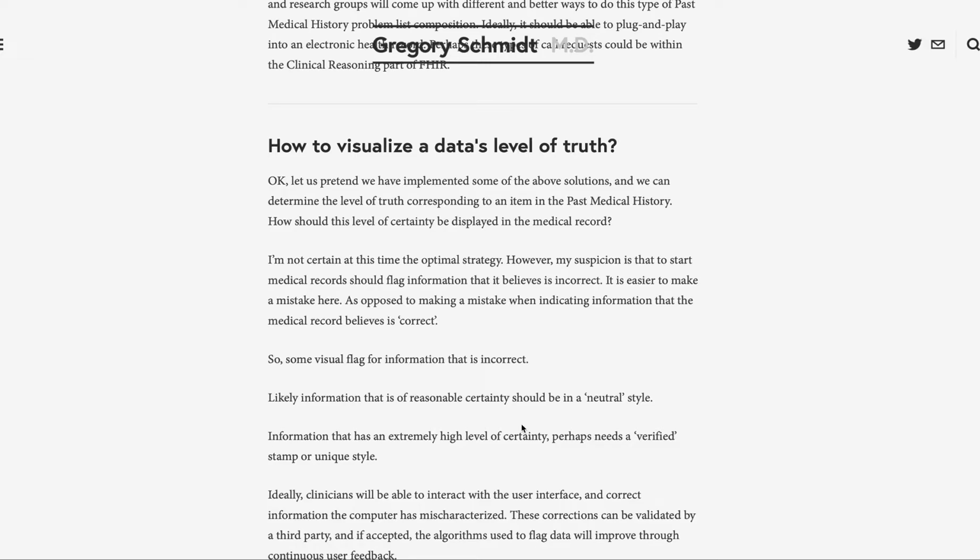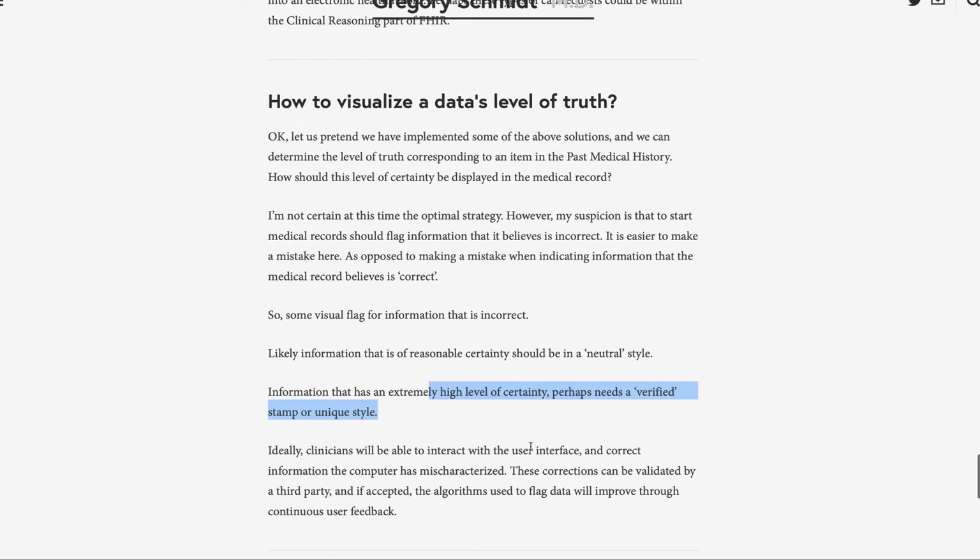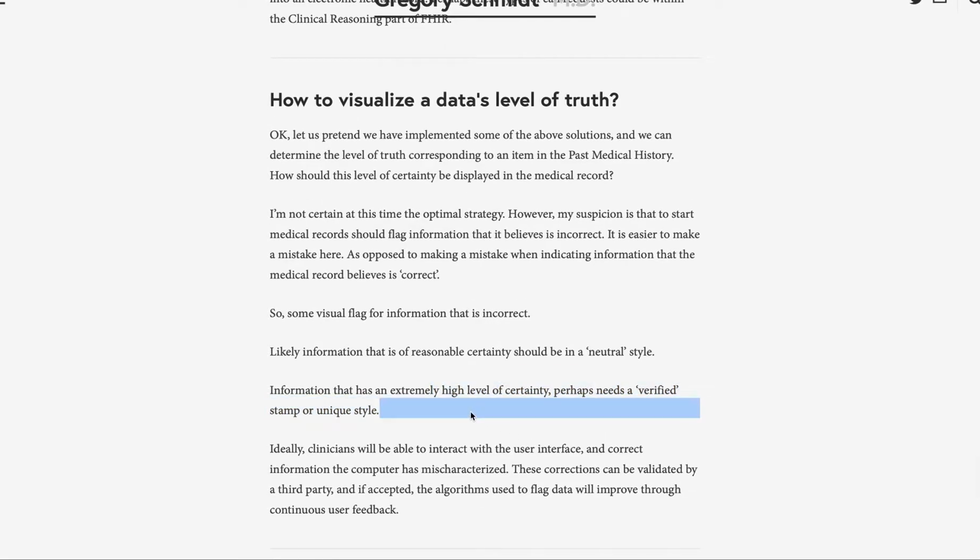I think going forward, you would then probably want information which is of an average level of certainty to be in some neutral style, and then information which is of a very high level of certainty to have some sort of a verified stamp or unique style associated with it. And as I mentioned, as clinicians interact with this user interface, as they correct information which they think the computer has mischaracterized, the system can learn from these mistakes and ultimately improve.